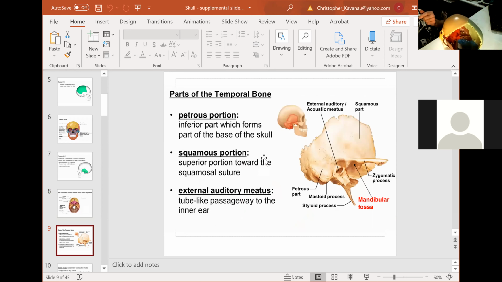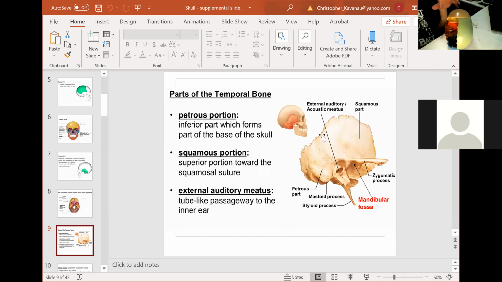All right, now we can take this temporal bone and we can disarticulate it from the rest of the skull. There are ways to basically break down these sutural ligaments that are holding these bones of the cranium together. And if you disarticulate it from the rest of the skull, this is how it looks on the PowerPoint. Okay.